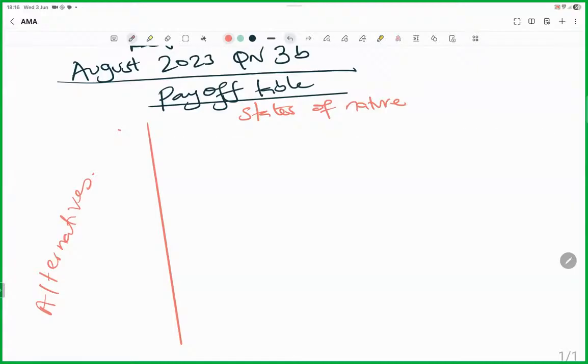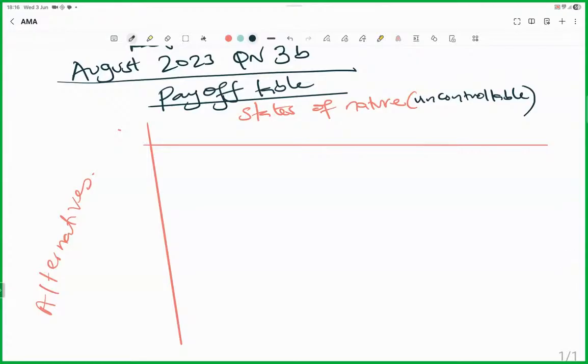Ladies and gentlemen, what do you know about states of nature? In this case, they are uncontrollable. They are probabilistic. For example, this evening, 100% of us in this classroom pray that it doesn't rain.